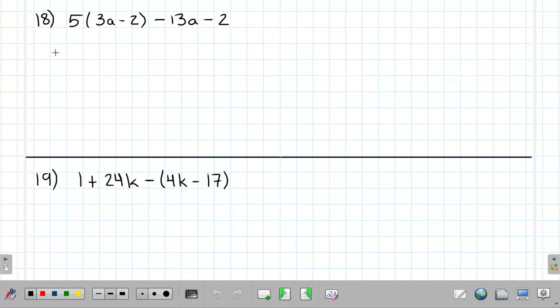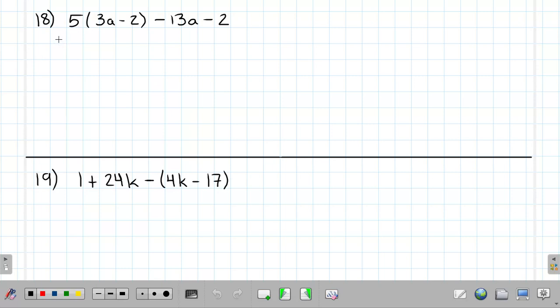Okay. Now, starting with number 18 here, we run into some more familiar stuff, because here we actually have to use the distributive property to simplify. Okay. So once again, knowing how to use the distributive property, I'm going to try to go a little quick through this, because hopefully everybody at this point can simplify an expression like this.